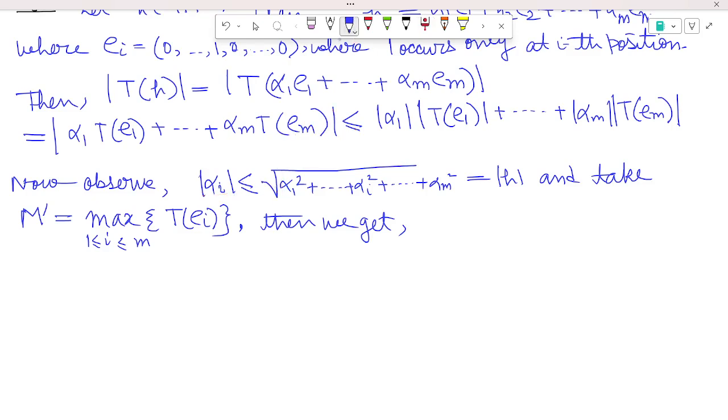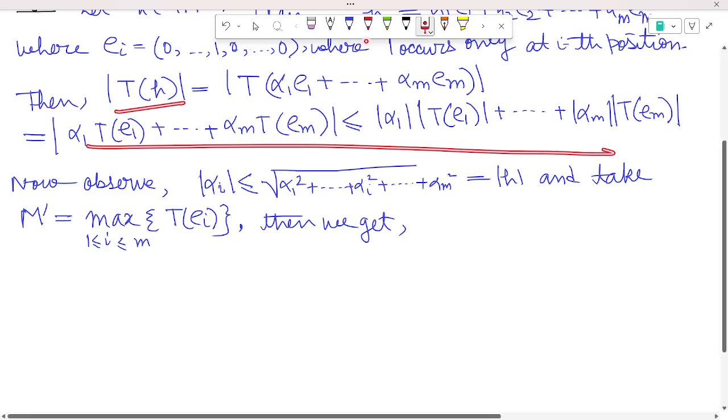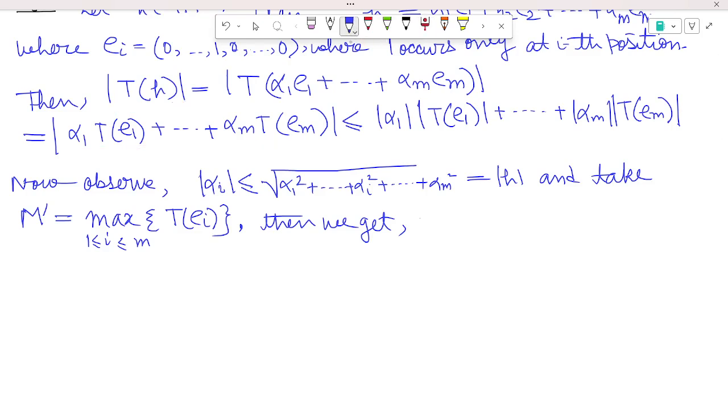So take M dash. So what do we get from here? We get that the norm of T(h) is less than or equal to M dash times the norm of h, there being n terms, so there will be n, if I am not mistaken.